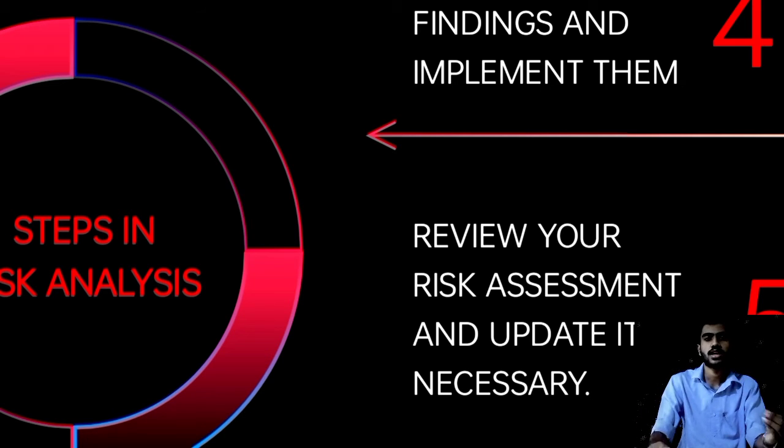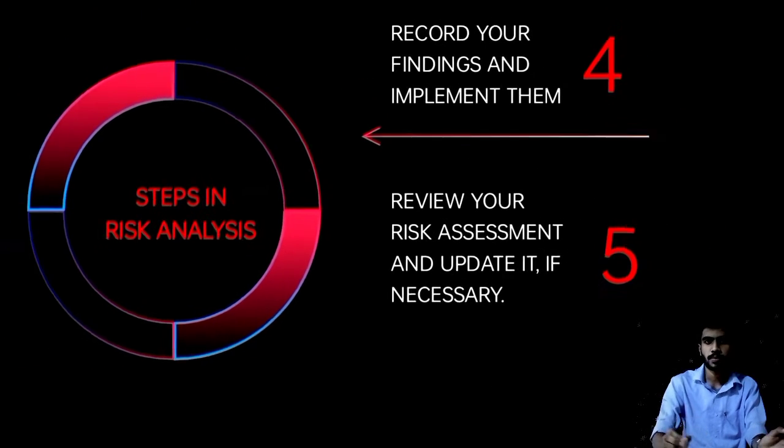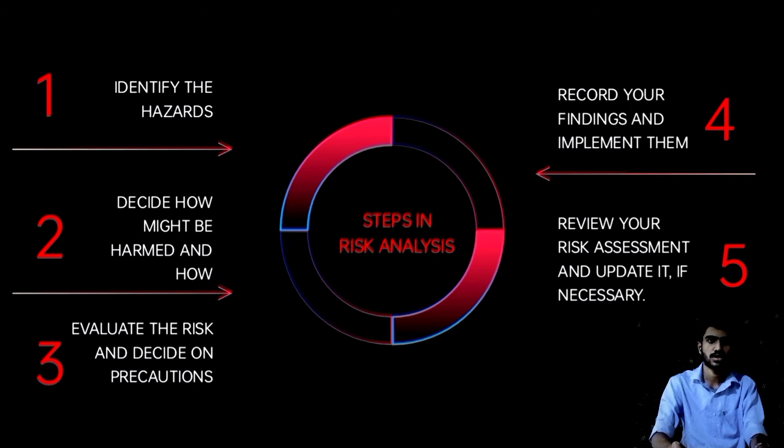There may be changes in the workplace that could lead to new risk, such as changes to staff, process, substance, or equipment used, and also we need to review if the workers have spotted any problems or there have been accidents or near misses, as per our above mentioned example. So, these are the 5 basic steps in risk analysis. I think the 5 basic steps in risk analysis are clear from the above example.